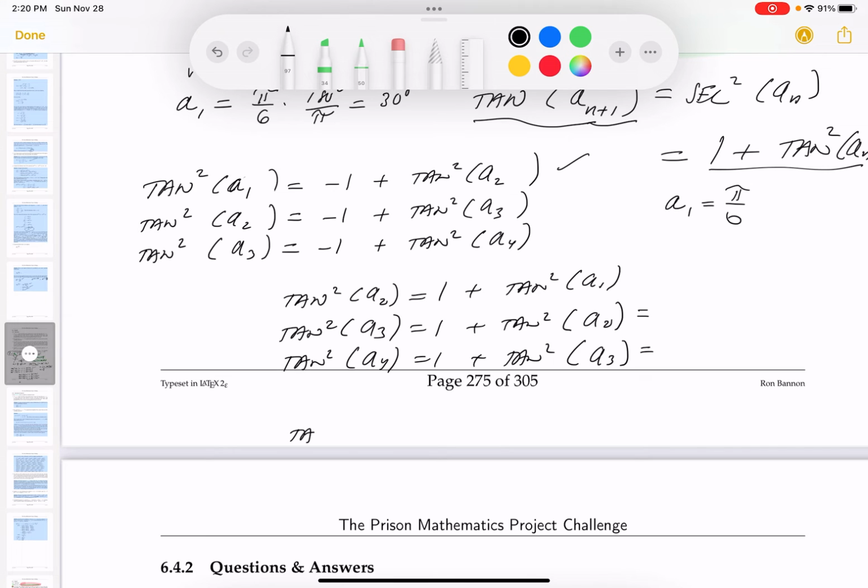Like I could definitely write down tangent squared AN would equal 1 plus tangent squared AN minus 1. I could write that down, but I don't think that's going to help me out too much. All right, well, maybe it does. I don't know.